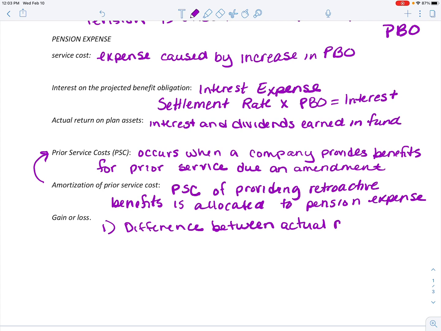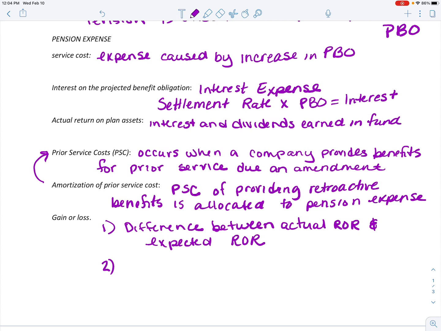That actual return on assets and expected return. Remember, these actuaries are calculating your obligation, and they include what they expect that rate of return to be. So we might have a difference there.